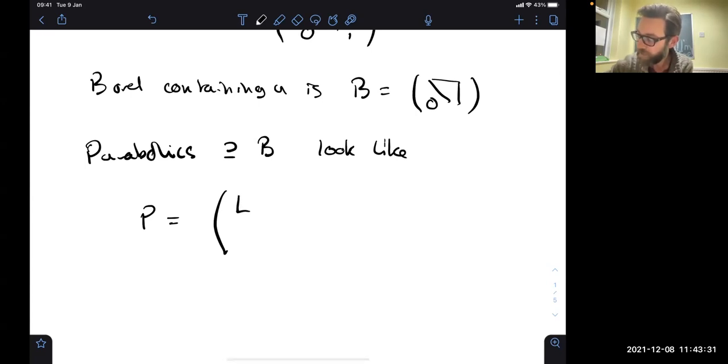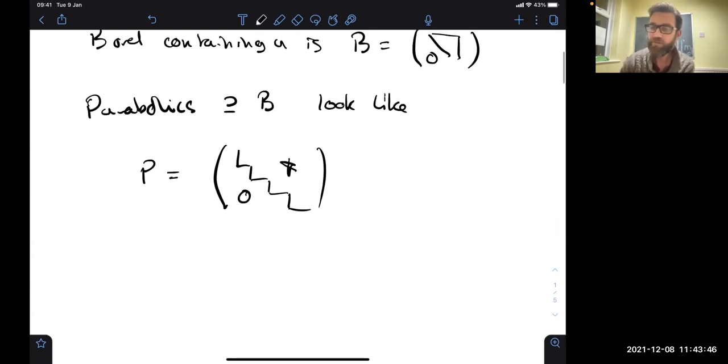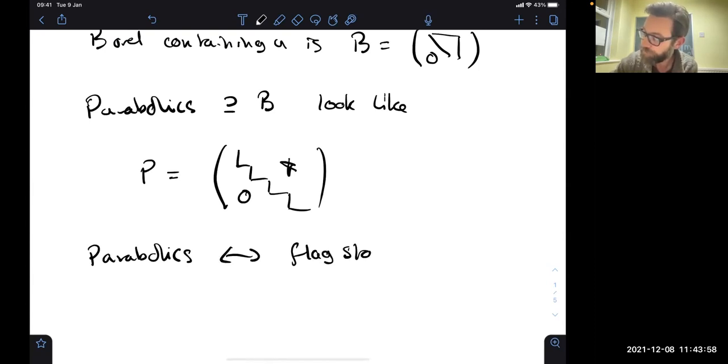So all I'm allowed to do is sort of fill in little blocky bits below the diagonal, anything I like up the top and zeros underneath. Those are what all the standard parabolics containing B look like. And then in general, you see that the parabolics in GL_n are stabilizers of flags of subspaces. So parabolics in GL_n correspond to flag stabilizers.